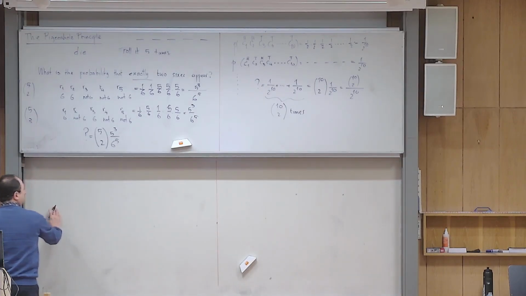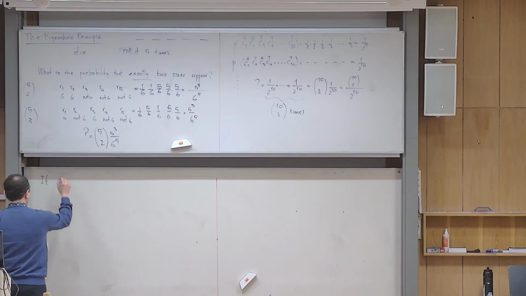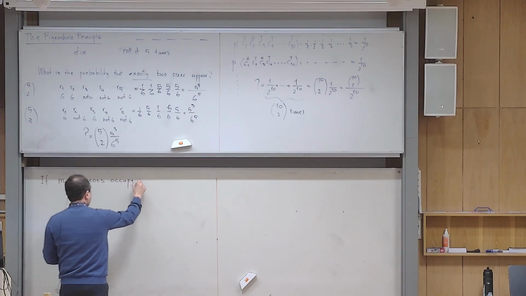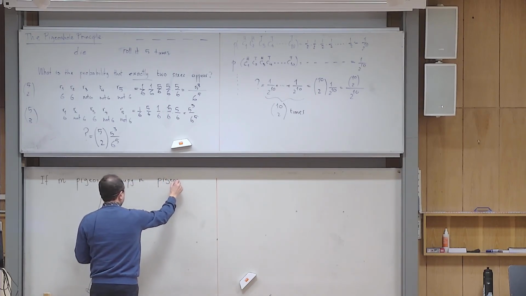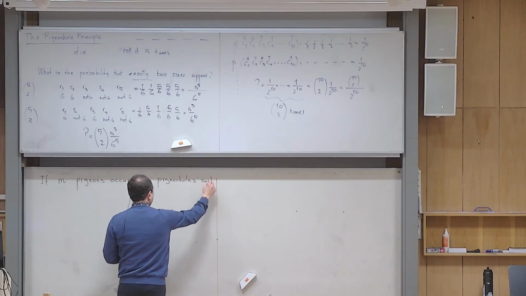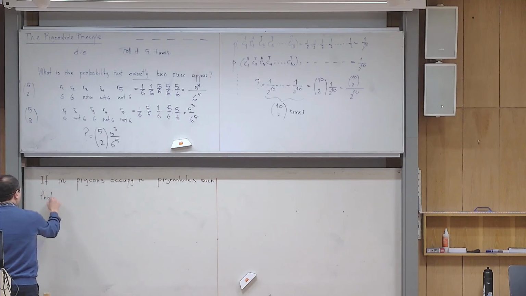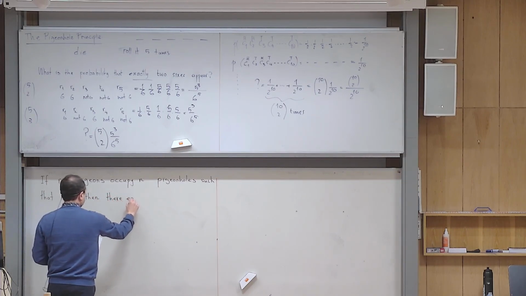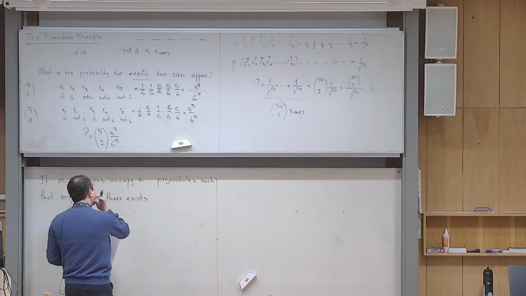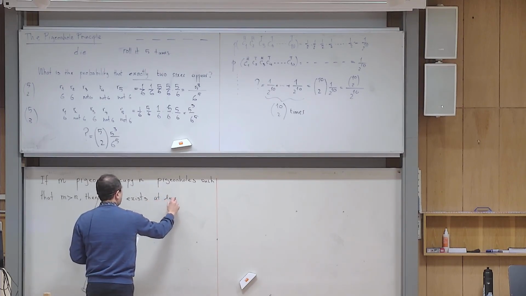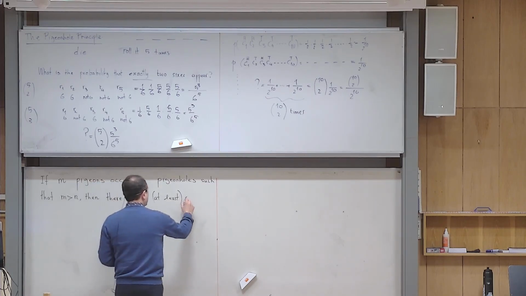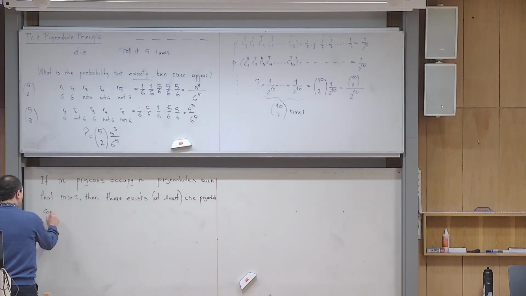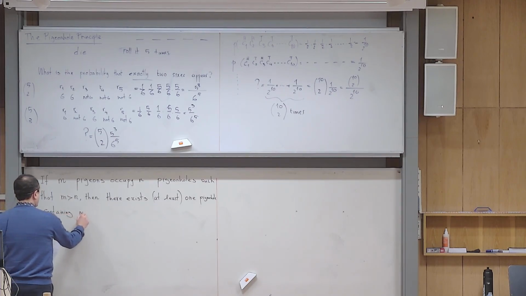So I would say that if m pigeons occupy n pigeonholes such that m is greater than n, then there exists at least one pigeonhole containing more than 1 pigeon.